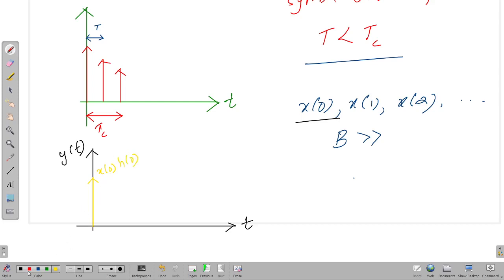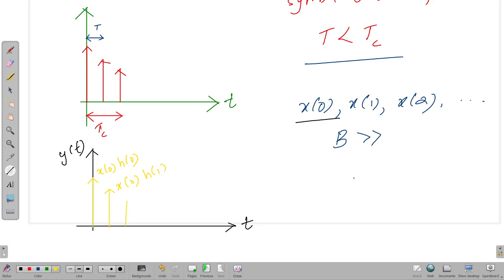The second signal copy is going to be x0 into h of 1, because h of 1 is the second channel coefficient, or h of 1 is the gain of the channel in time domain in the second instant.